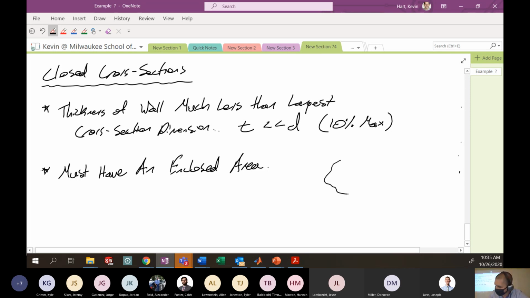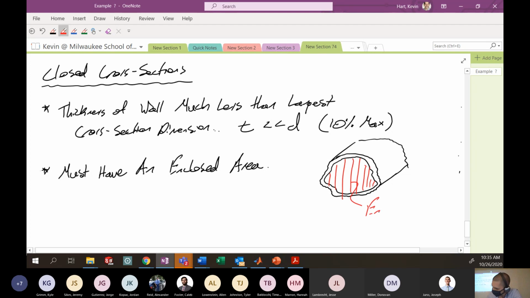So maybe you have some wonky looking cross section that looks like this, and it's thin walled border. Okay, sure. That's a thin walled structure with some closed cross section, where this is like an enclosed cross section. Okay. So an enclosed area.